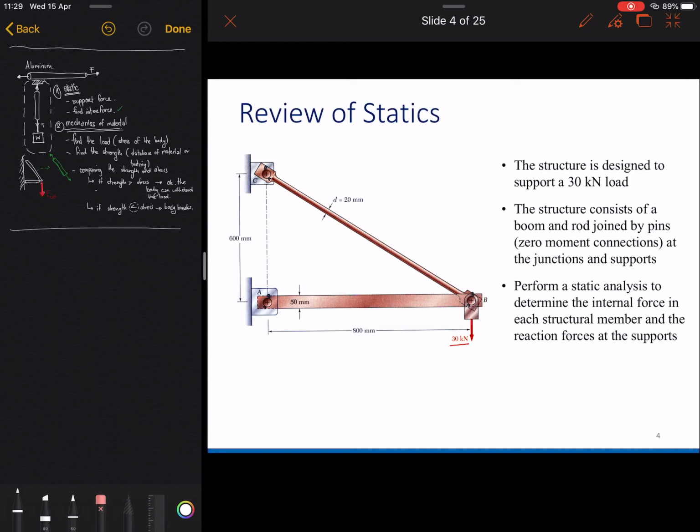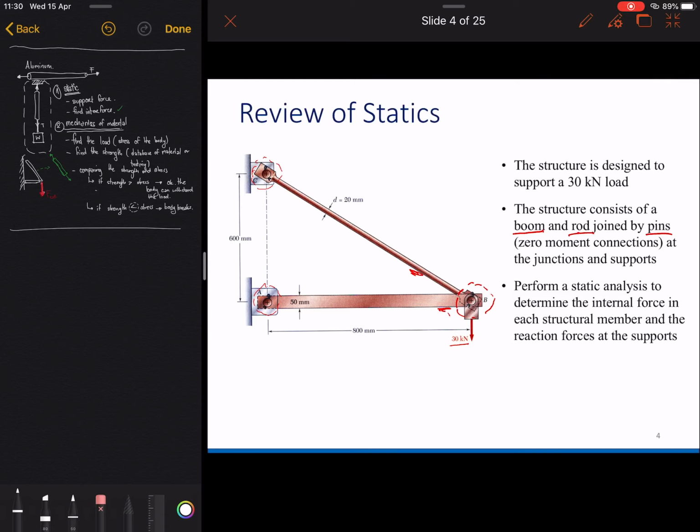So the structure consists of the boom here, and the rod here, joined by pins, zero moment connections because it's rotatable, and the junction and the support. Here also the pin, here also the pin.